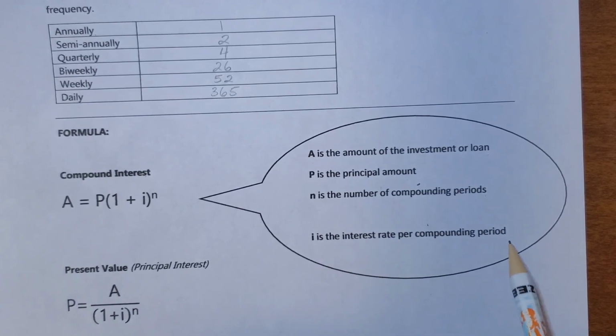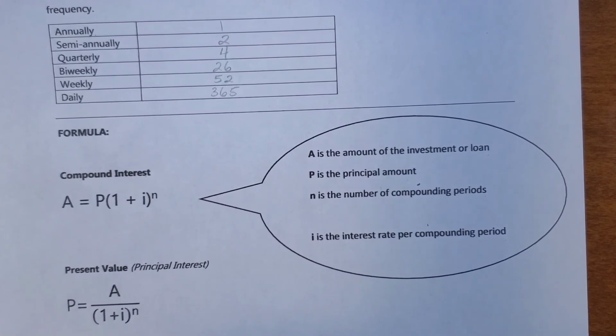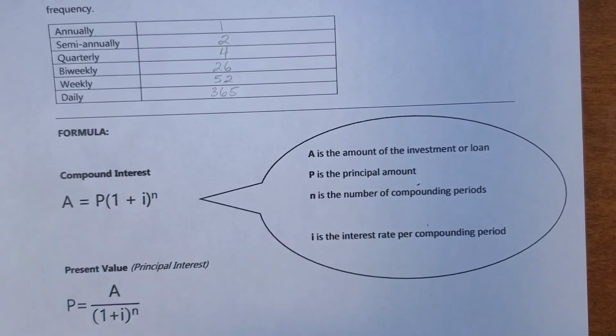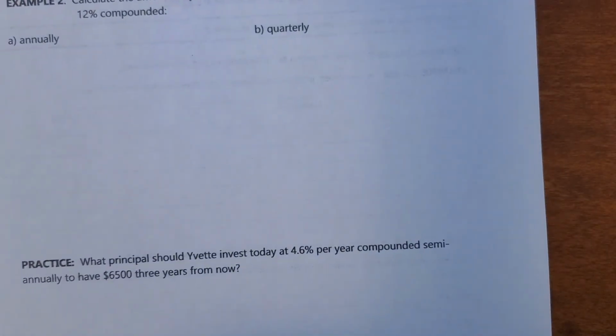So we'll get into some examples using those specific N and I values. We also have another formula, the present value formula, which is P equals A over (1 plus I) to the power of N. So it's just a rearranged formula of our compound interest, where instead of solving for our final amount, we're now solving for our present value, and our amount is given to us.